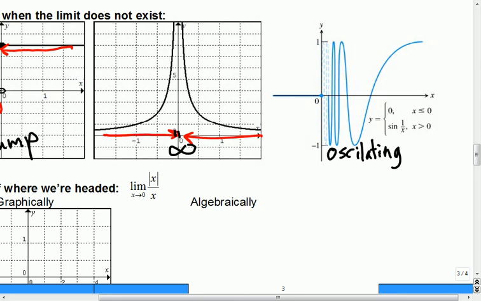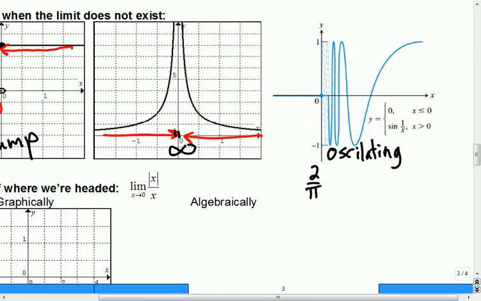Take a deep breath and relax, because conceptually thinking is a little bit tougher, but here's why this limit does not exist specifically. As I approach 0, I'm going to start picking numbers that are getting closer and closer to 0. For example, to start, I'm going to pick 2 divided by pi.